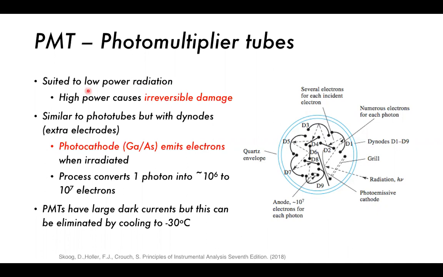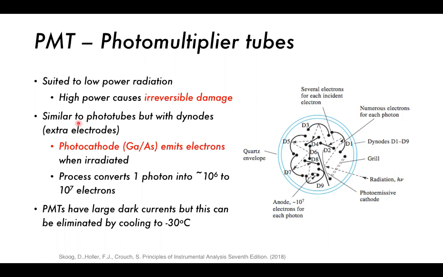So it actually needs to be protected from high power because that can cause irreversible damage. These need to be kept in the dark, which is why the enclosure of a UV vis measurement instrument is really enclosed, because if too much stray light from the room, for example, got in there, it would literally destroy the photomultiplier tube, because so much light is incident on it, and it amplifies that light. It just blows it out.